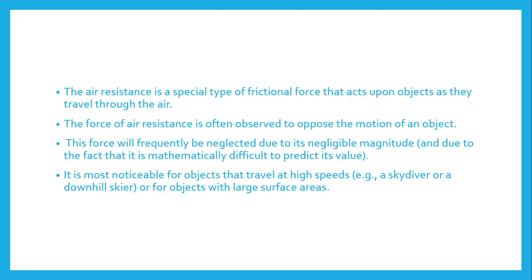But with the passage of time, the air resistance increases and catches up. It decreases the acceleration until it becomes zero, when the weight and the air resistance are equal to each other.